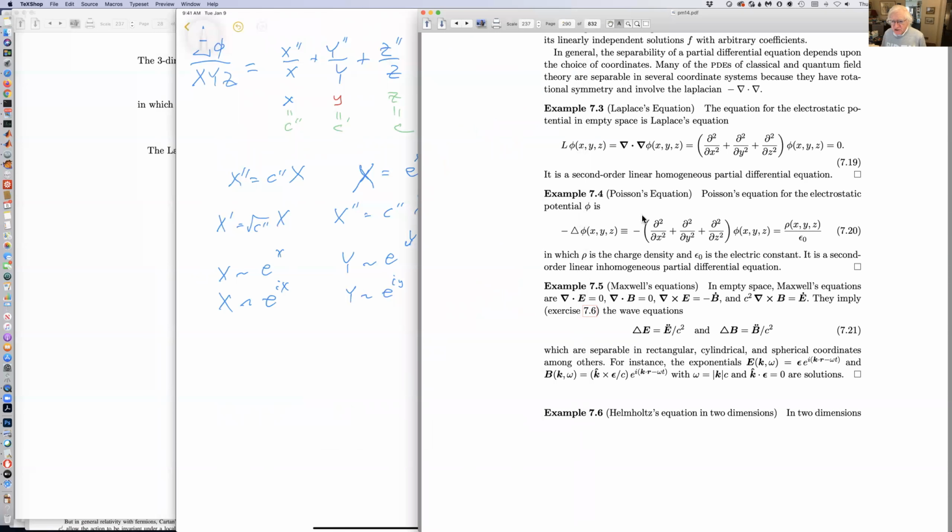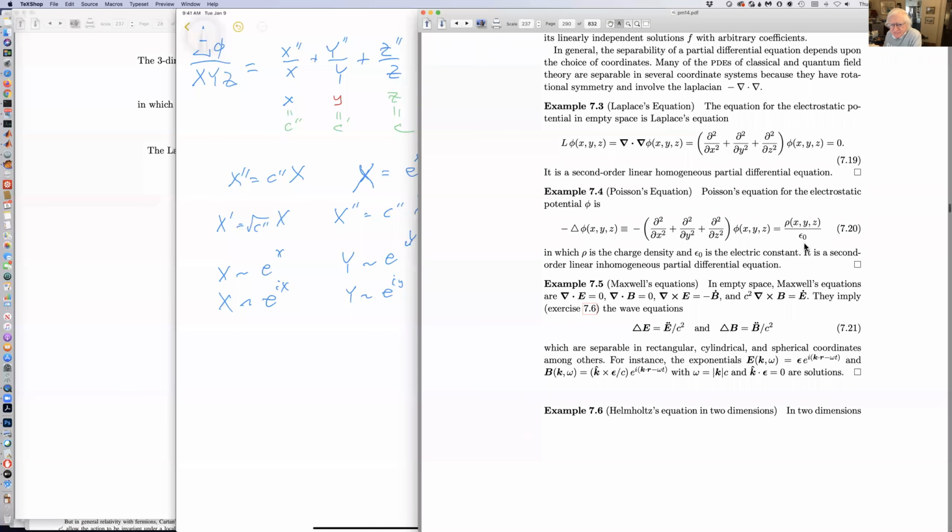Poisson's equation, which is Gauss's law, is that the Laplacian of phi is, this actually isn't Gauss's law. This is Poisson's equation for the electrostatic potential: minus the Laplacian of phi is rho over the electric constant.